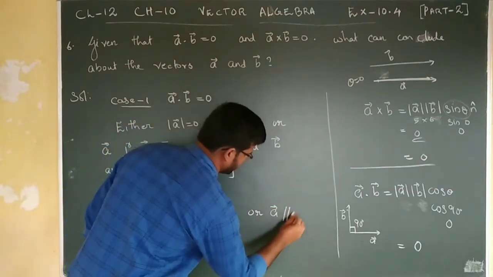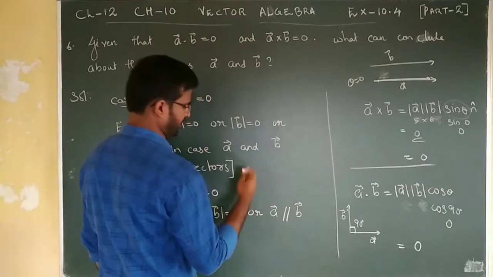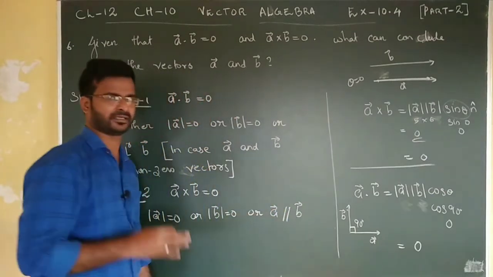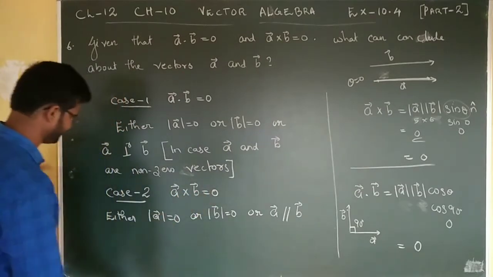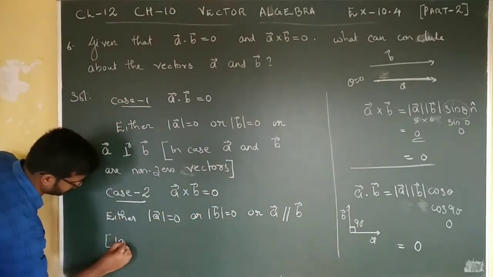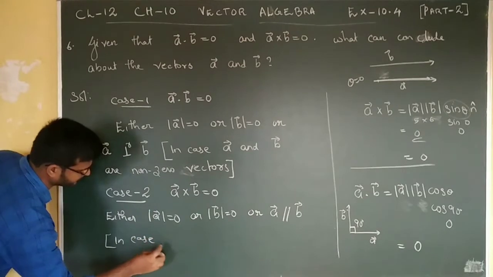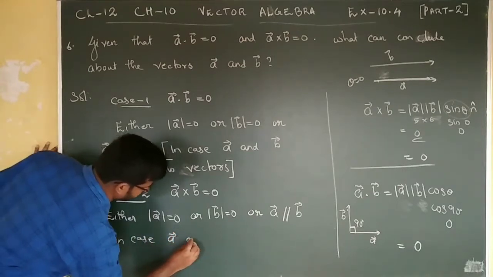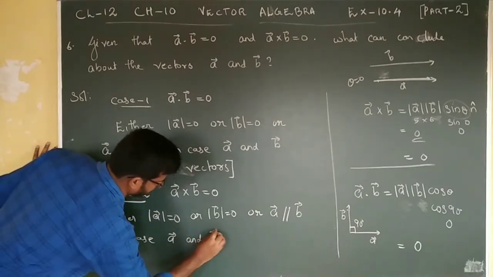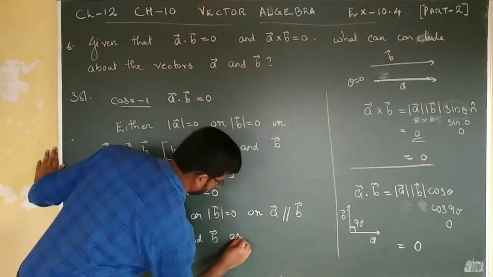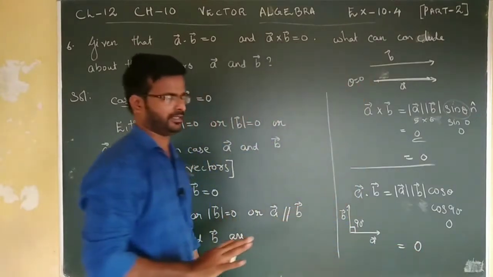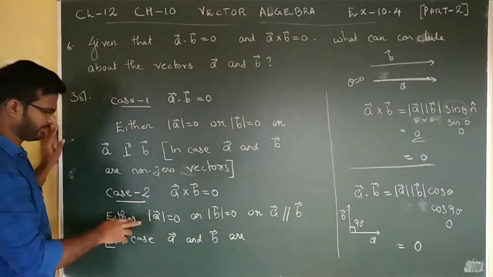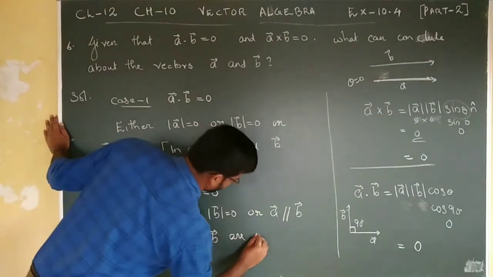A vector and B vector are parallel means we will get A cross B is 0. In case A vector and B vector are non-zero vectors only, but they are parallel, so we can write A vector and B vector are non-zero.